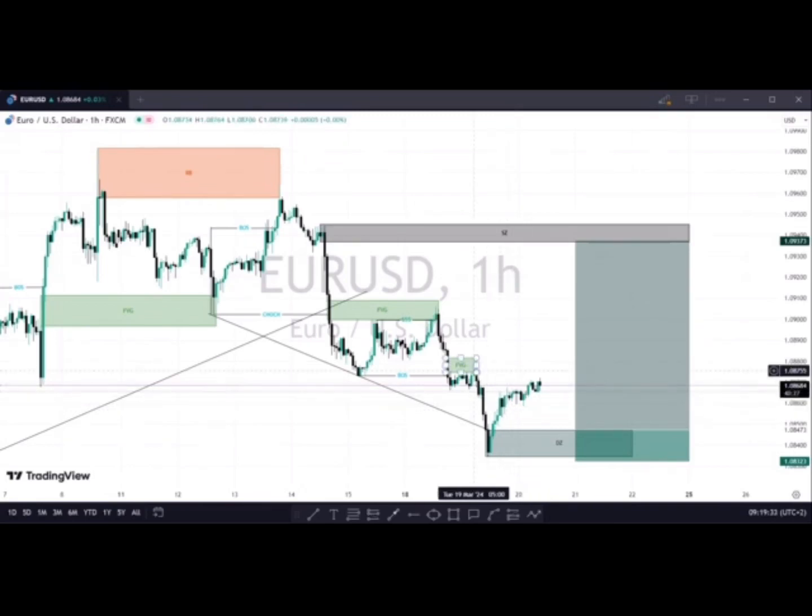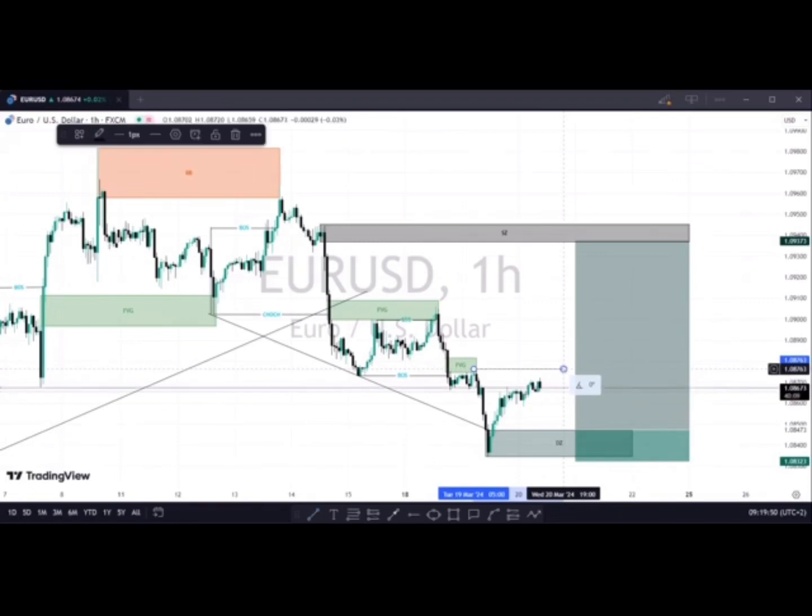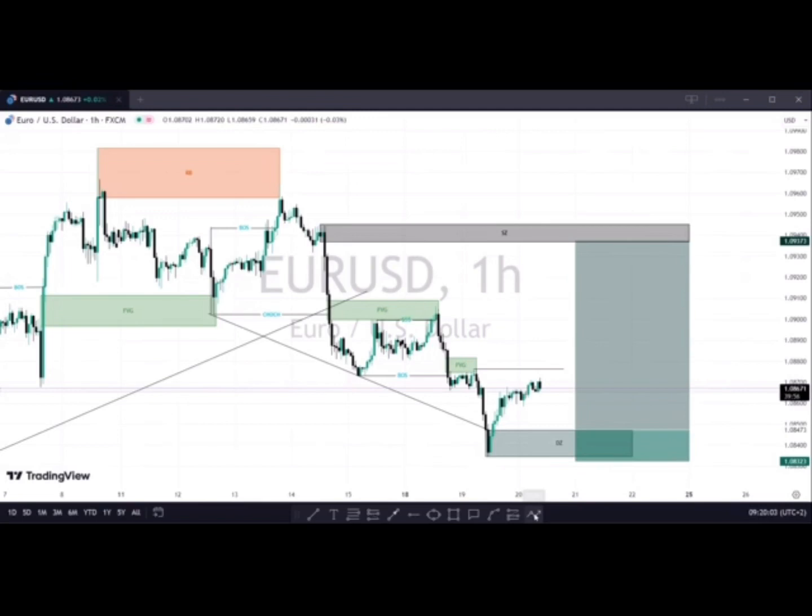Now the whole idea here is for price to, let me do this, then I'll explain it when I'm done. Yes, the whole idea here is for price to break above here, to close above this zone here, then drop.